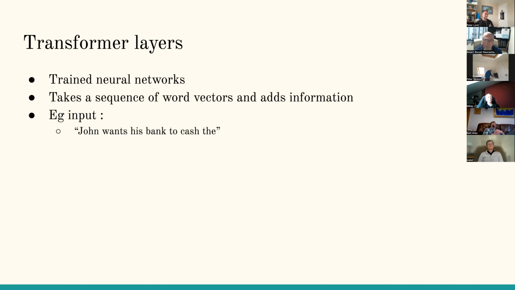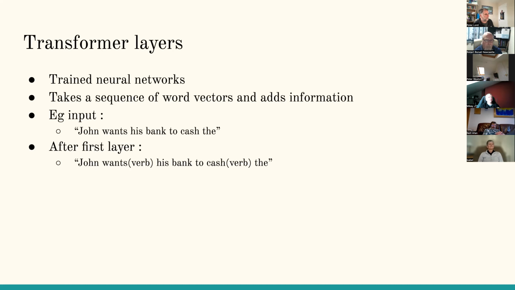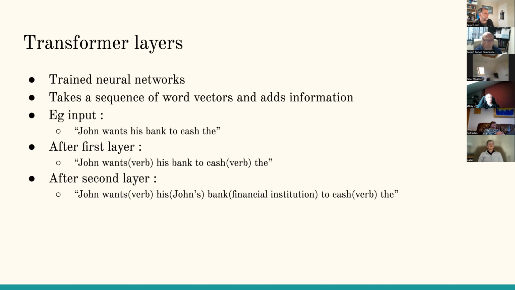So, for example, you might type in, John wants his bank to cash the, and the first transformer layer will highlight verbs, for example. The second layer might figure out that his is actually referring to John. Bank in this context, because bank has more than one meaning, is a financial institution and so on.